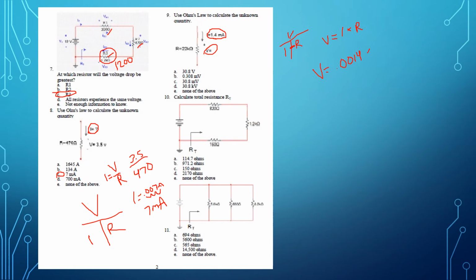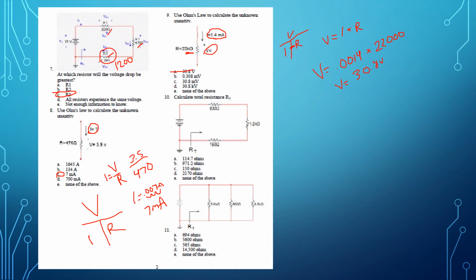And then you're just going to multiply that by the resistance of 22K. So 22K, again, you're going to have to convert that as well. That's going to be 22,000. Then you're going to come up with an answer of 30.8 volts. So, option A is your correct answer.